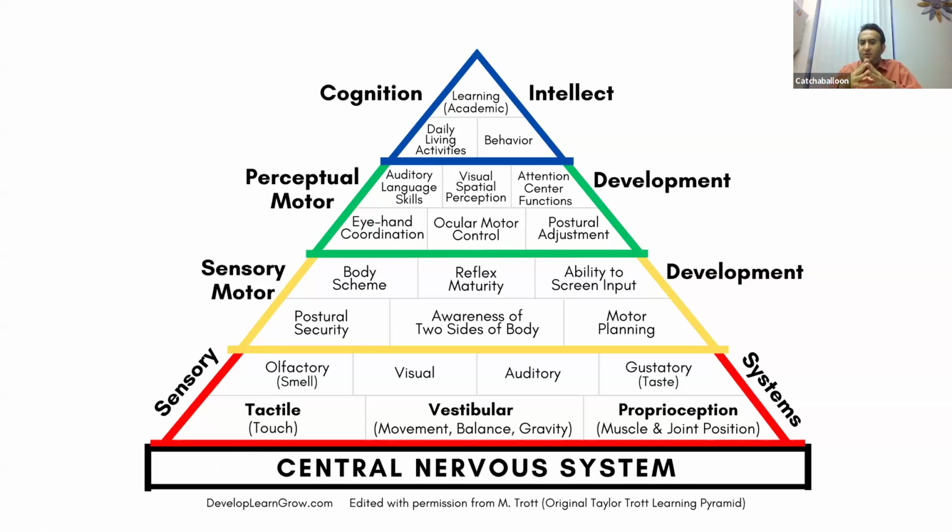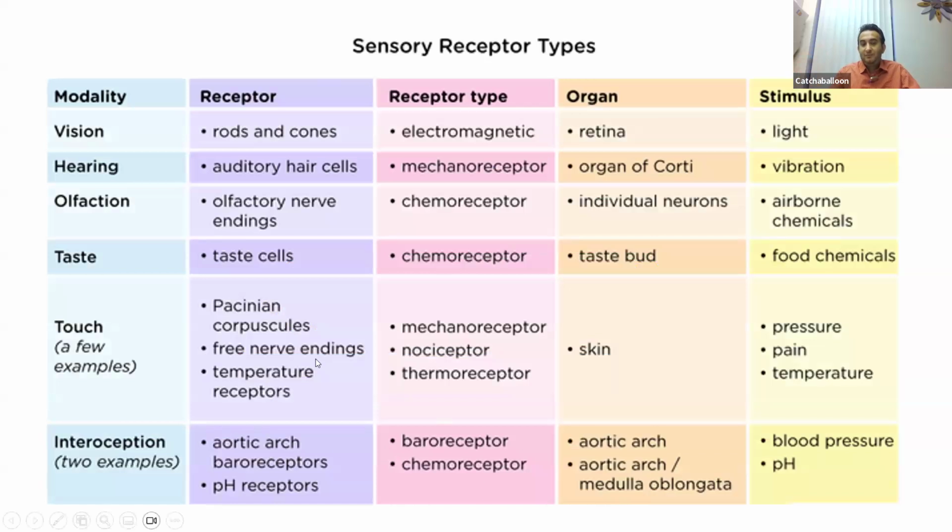But what are those sensory systems and where are they coming from? They are coming from the receptors of each sensory system. For example, the receptors of the visual system are in the retina here. This is for hearing, the organ of Corti. Then the olfactory system or smelling, tasting, touch. For example, the receptors of touch are the skin and the hairs on the skin.